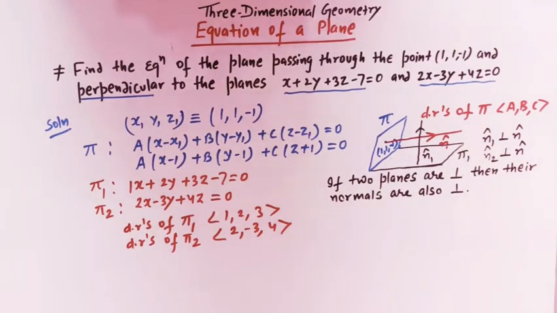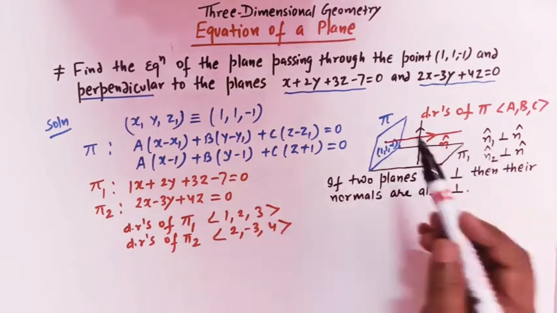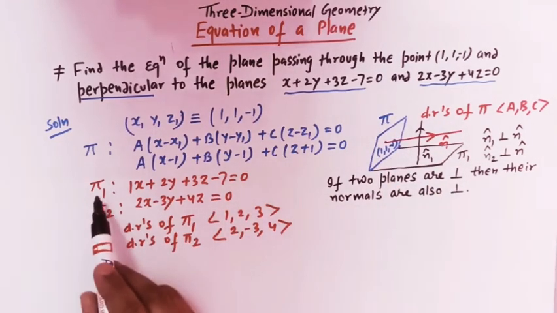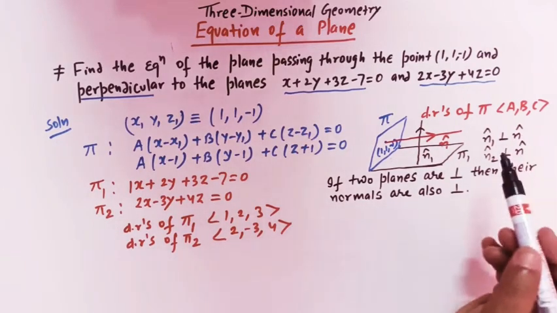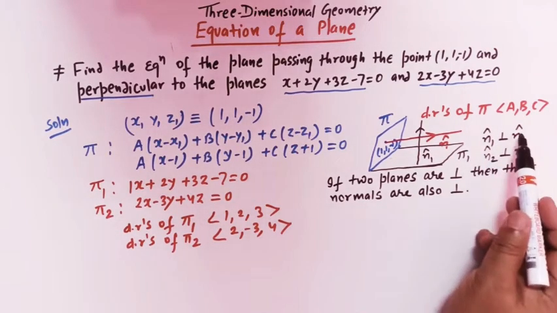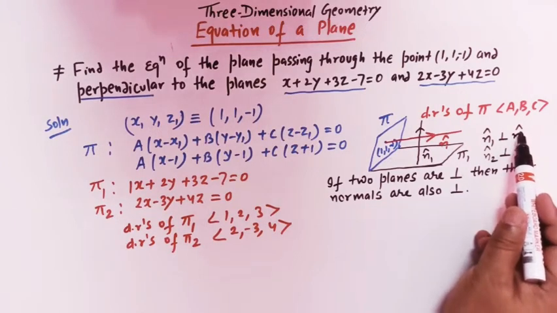So the plane pi is perpendicular to pi 1 and pi 2, and the normals n1 and n2 are also perpendicular to the vector n.